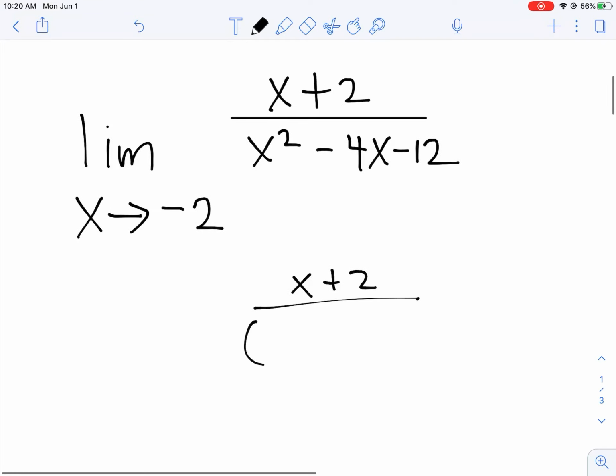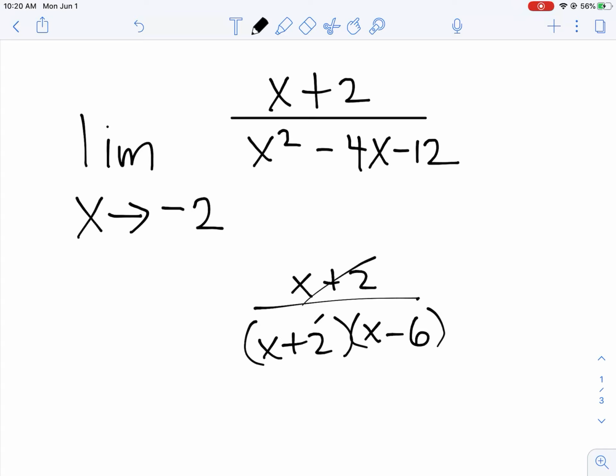If I factor the bottom, hopefully one of them is x plus 2, and then the other would be x minus 6, since 2 times -6 makes -12, and positive 2 and -6 makes -4. That is correct. I would cancel these two, and I would end up with 1 over x minus 6.